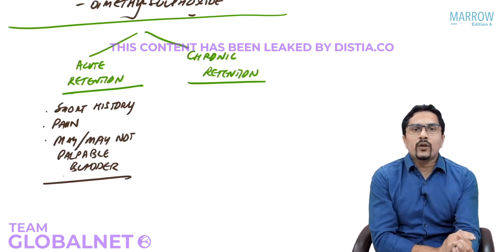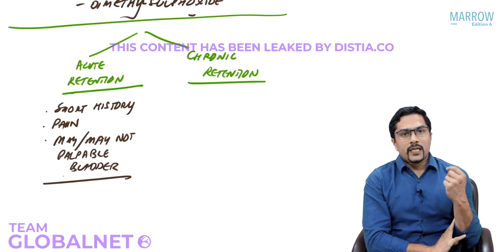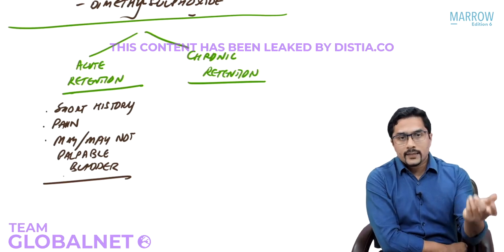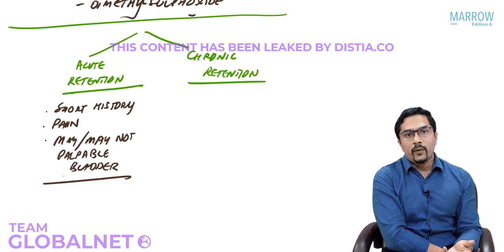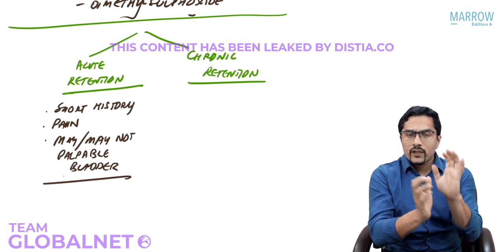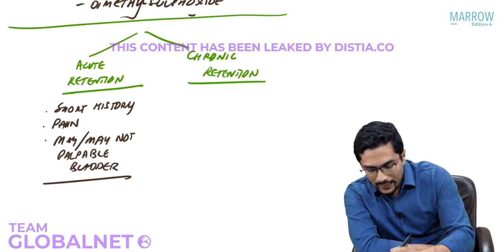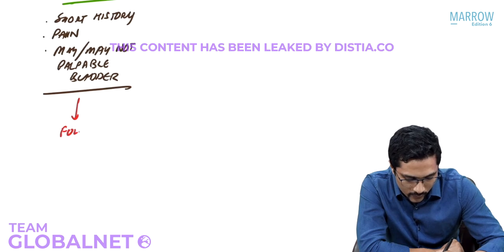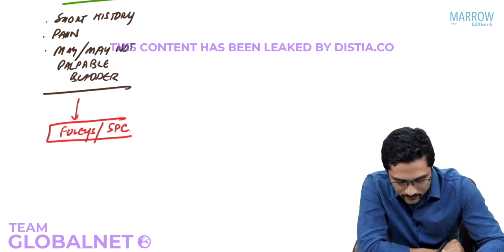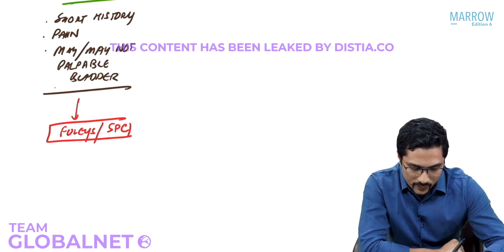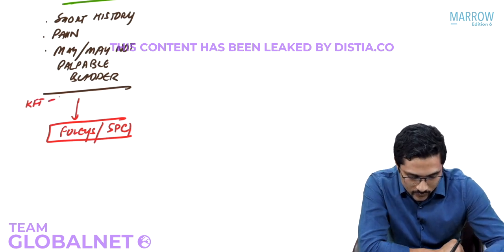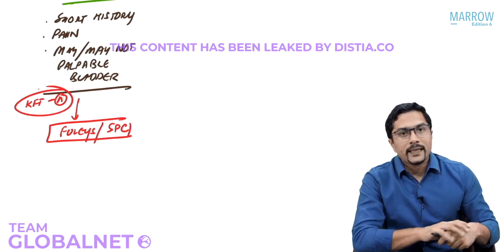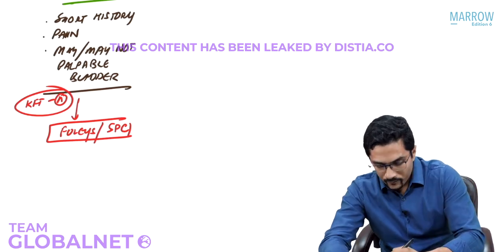Supposing there is a stone which is stuck, or supposing after trauma there is disruption, the patient is unable to pass urine. So these are brief histories, there's going to be pain, and the management in these patients is either you put in a Foley's or you put in an SPC, right? But what is important? KFT is going to be normal. The KFT will not be deranged in these patients, mind you.